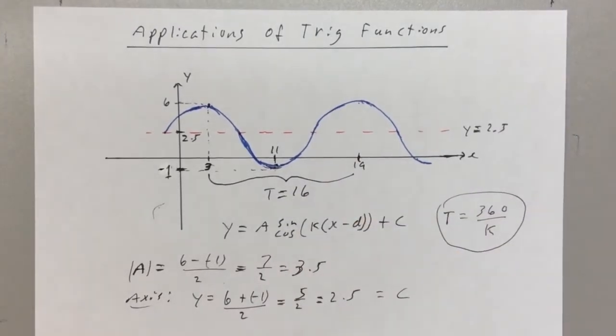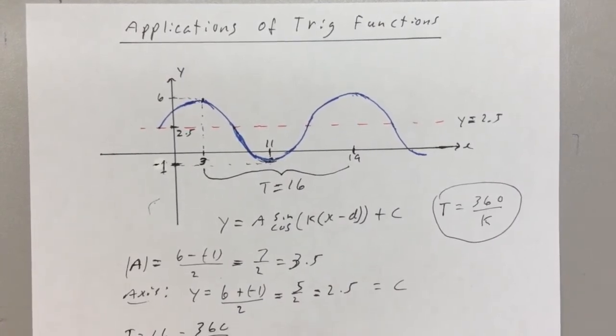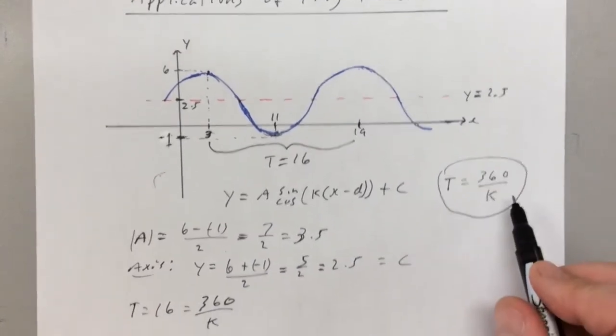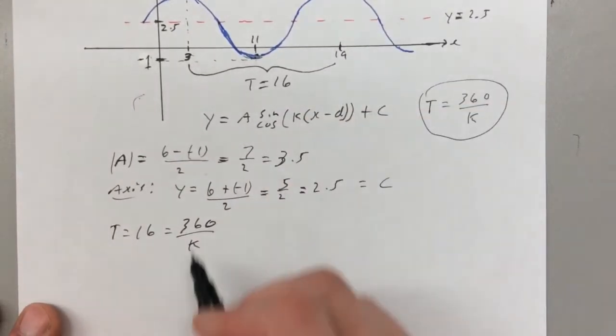Okay, so now we've got T equal to 16, which equals 360 over k, which I showed you up here. Okay, and now we can look at figuring out what k is.